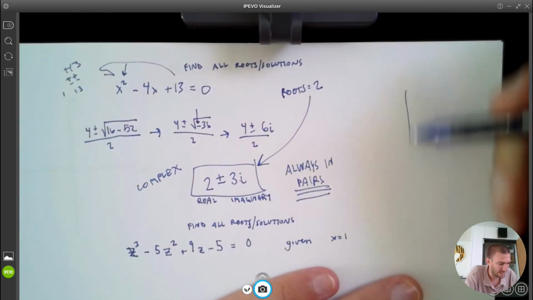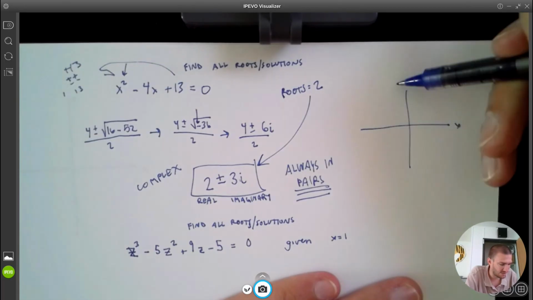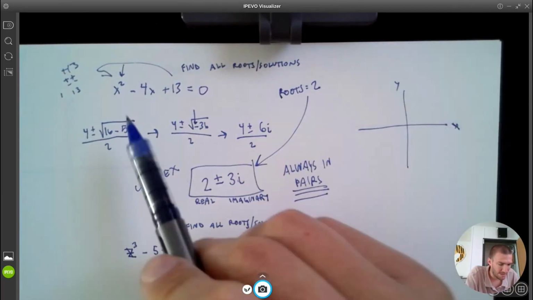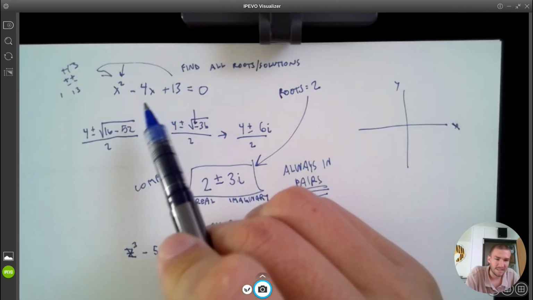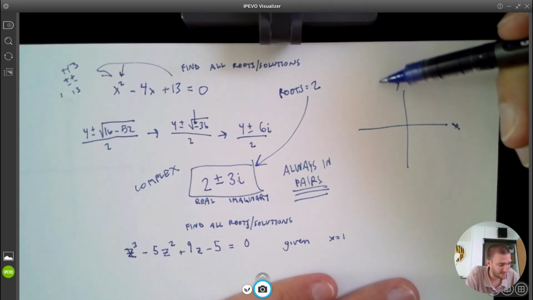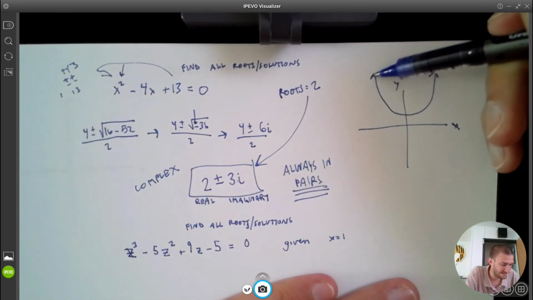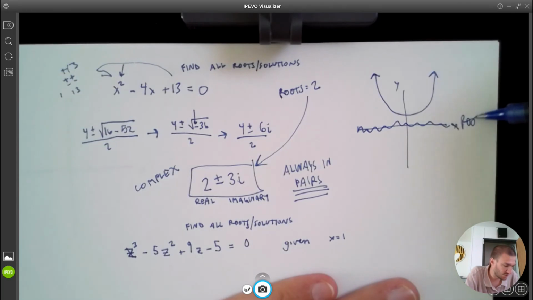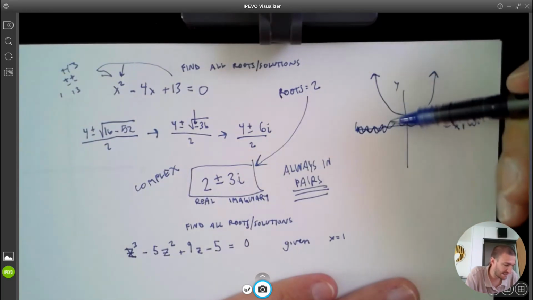Now, if we just think about this on a graph, this is just a normal Cartesian plane, x and y. This graph is going to look something like this. Normally the roots are the x-intercepts.